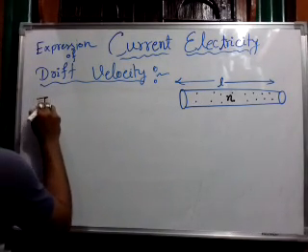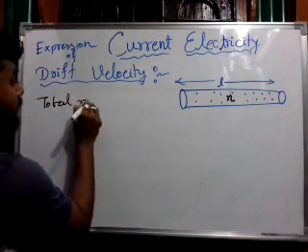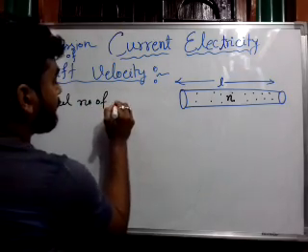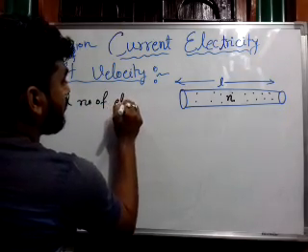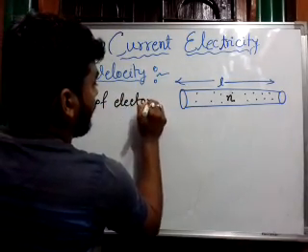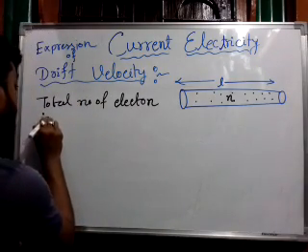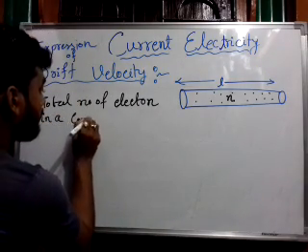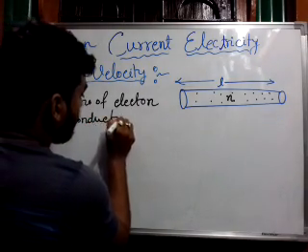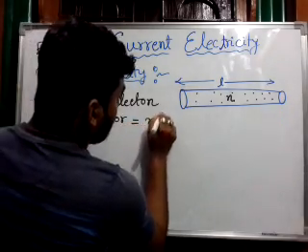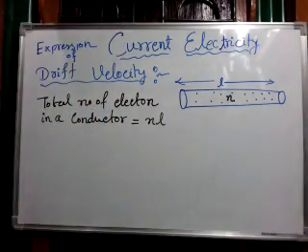That is, the total number of electrons in the conductor is equal to nL. Clear?